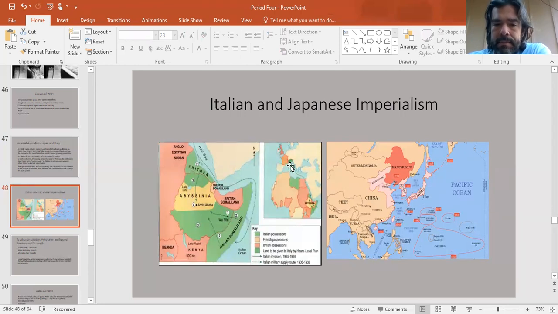This is Italy. This is Ethiopia. How do you attack Ethiopia? Well, you have to send soldiers by sea. There are two ways to get to Ethiopia: the long way all the way around Africa, or, by this point, the Suez Canal had been built. The Suez Canal was controlled by the British after World War I.